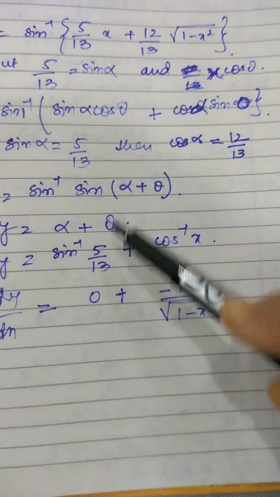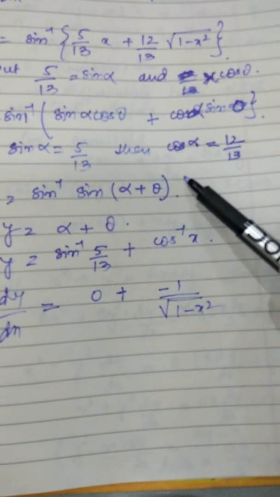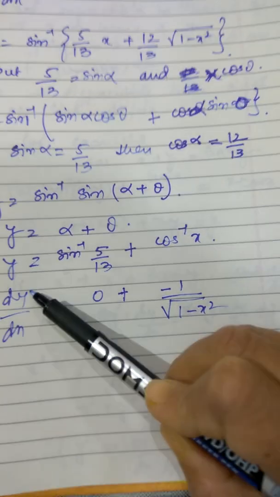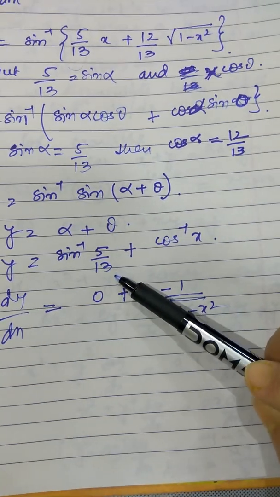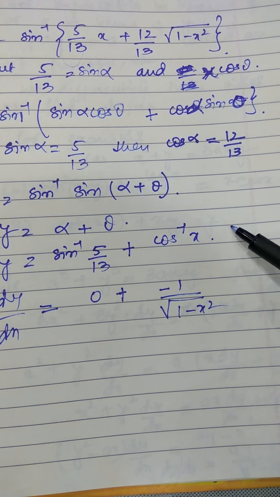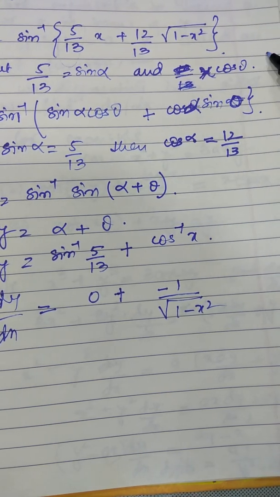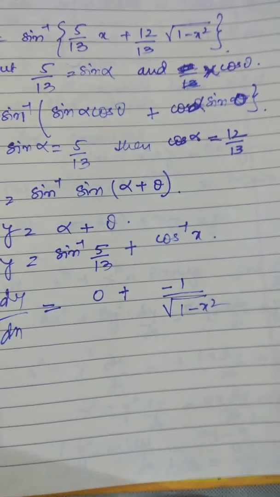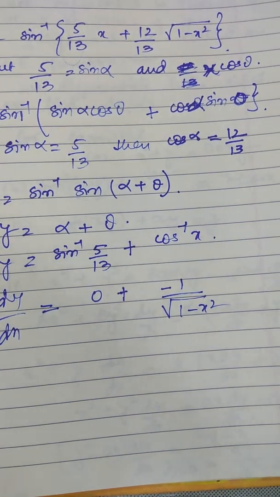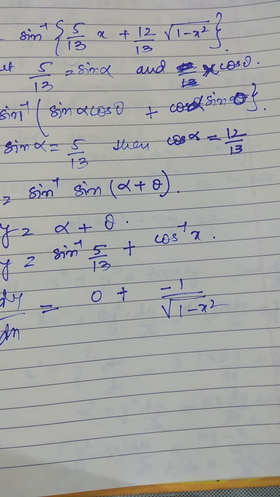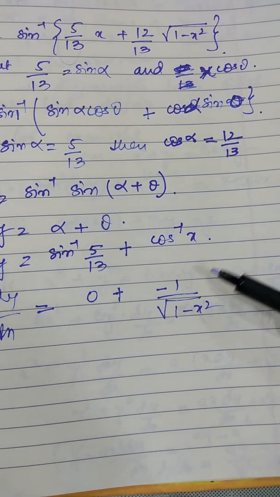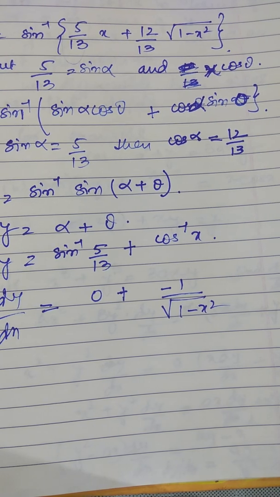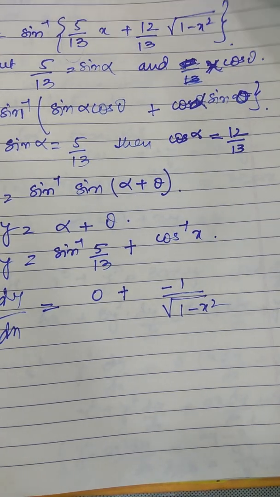So y is alpha plus theta. y is sin inverse 5 by 13 plus cos inverse x, because x is cos theta. Sin inverse 5 by 13 is constant, so its derivative is 0, and the derivative of cos inverse x is minus 1 upon root 1 minus x square. So this is how we differentiated inverse trigonometric functions.